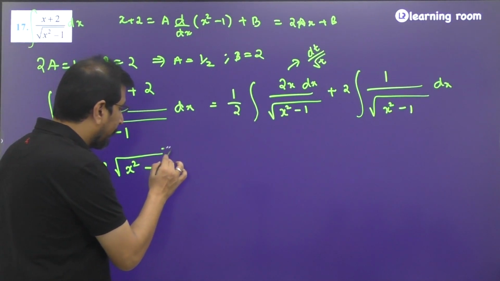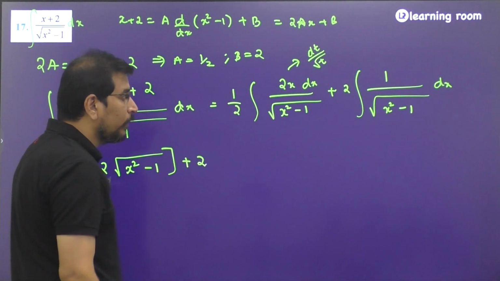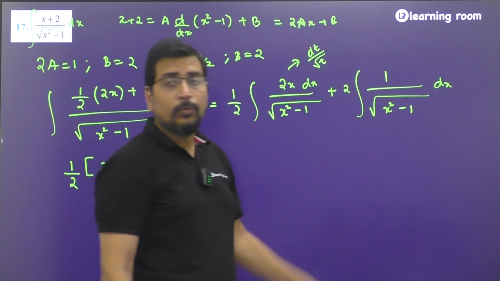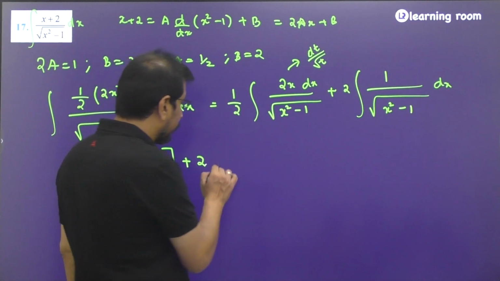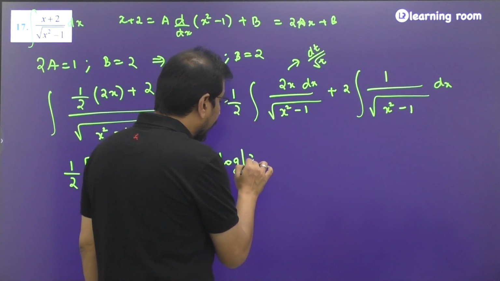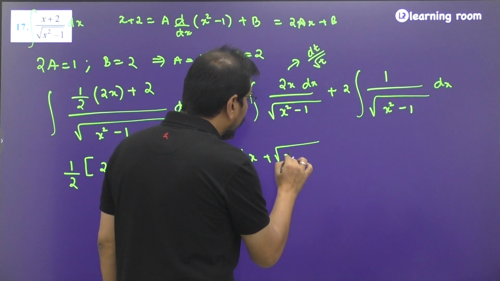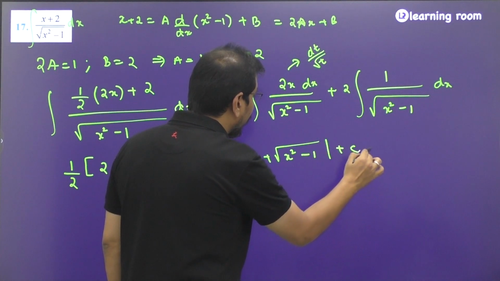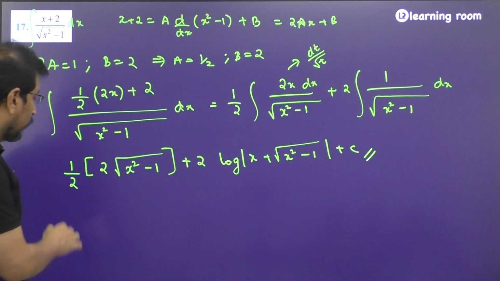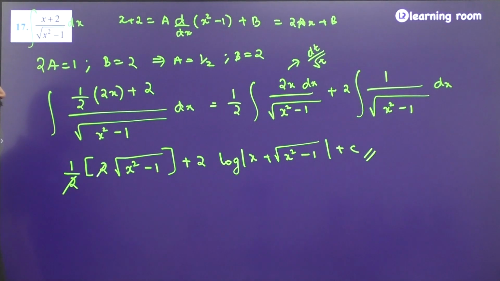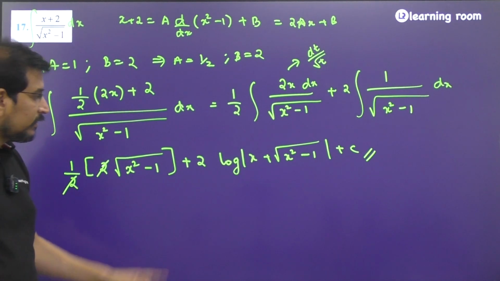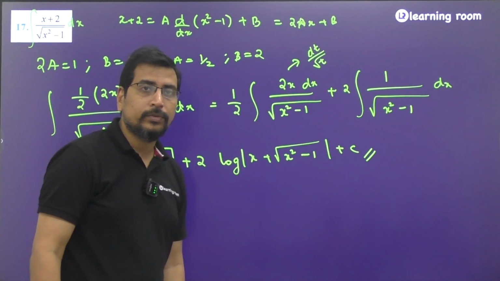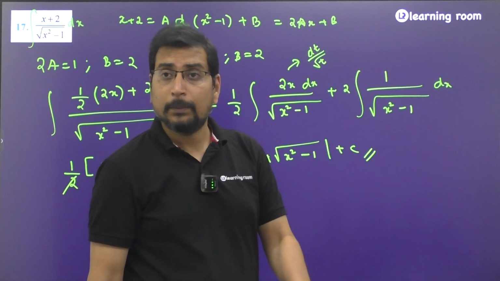Plus 2 into, what is the integral of 1 by root of x square minus a square? Log of x plus root of x square minus a square plus c. So 2 and 2 will get cancelled. Hence the answer is root of x square minus 1 plus 2 log of mod of x plus root of x square minus 1 plus c.